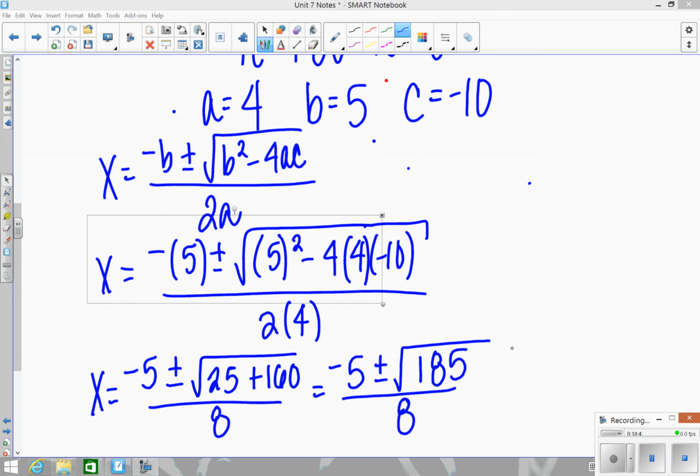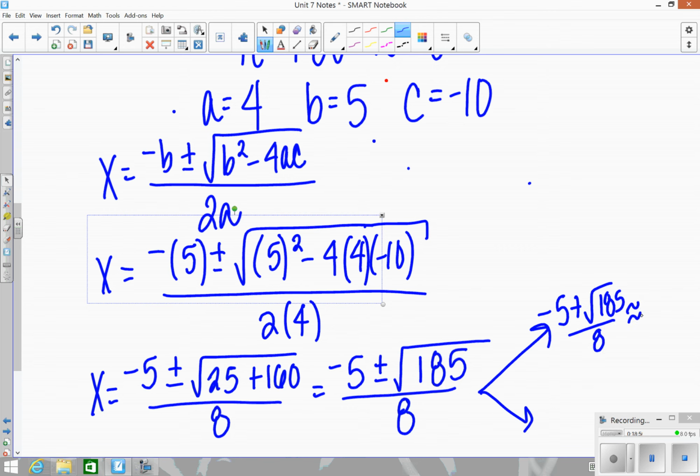So then we're going to have two solutions here. Since this is an application problem, you really want to look at your solutions. The first one is negative 5 plus the square root of 185 all over 8. When you put it in your calculator, that gets you approximately 1.075183814, but I'm just going to leave it as 1.075.